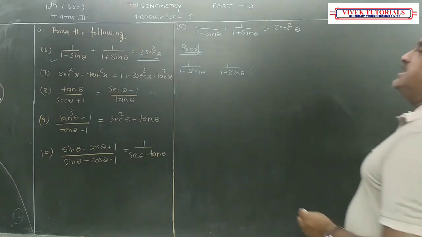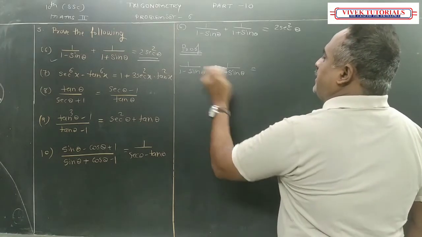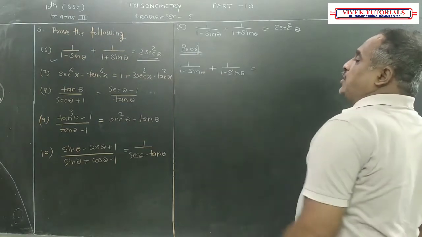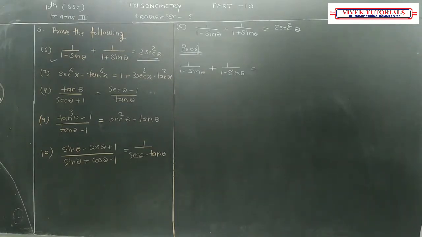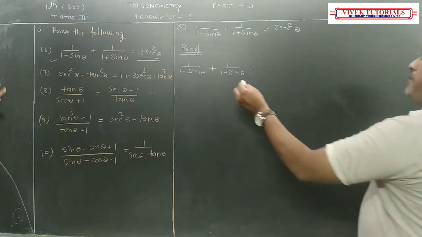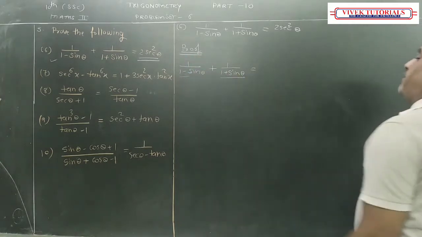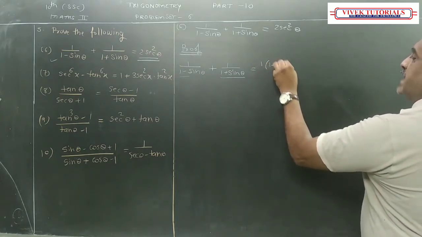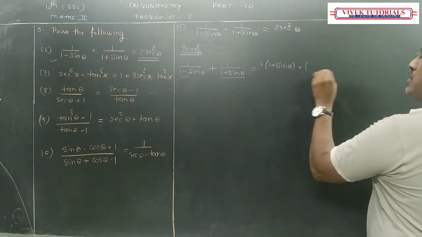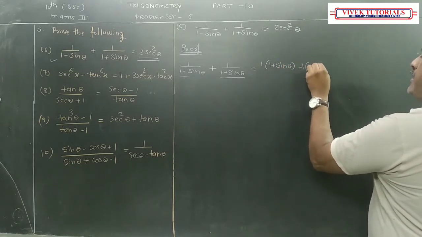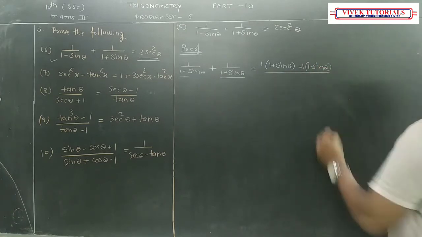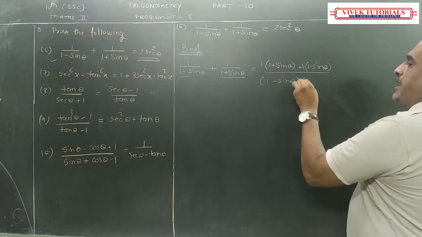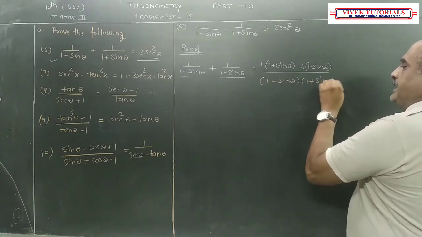For this, the sign between these two terms is plus and the denominator is not the same. So as the denominator is not the same, we are going to make the denominator same by cross multiplication. So 1 into 1 plus sine theta plus 1 into 1 minus sine theta upon 1 minus sine theta into 1 plus sine theta.